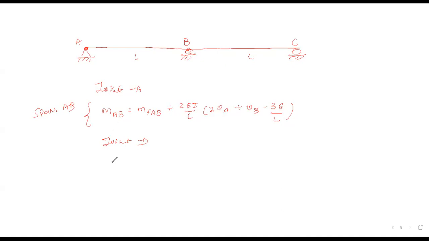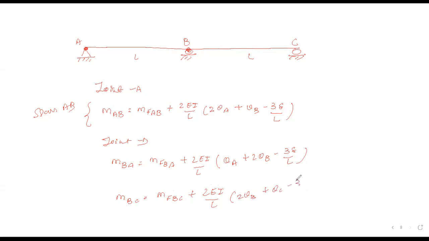So for joint B, first we write the equation for MBA, which equals MFBA plus 2EI by L, bracket, again standing at point B, far end A having half slope: theta A plus twice theta B minus 3 delta by L. Similarly, MBC equals MFBC plus 2EI by L, again at joint B, far end C having half slope: twice theta B plus theta C minus 3 delta by L. I hope it is clear.